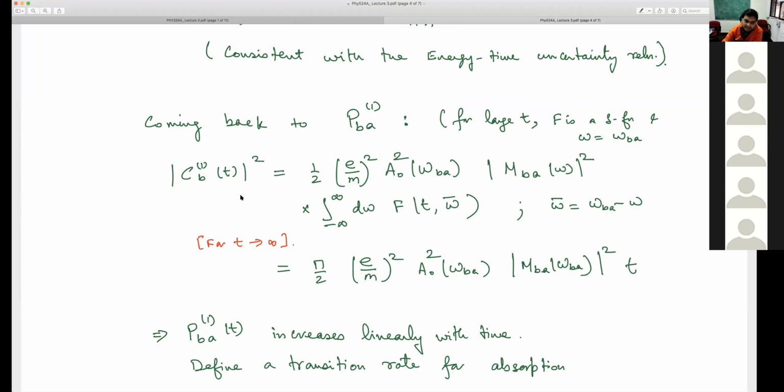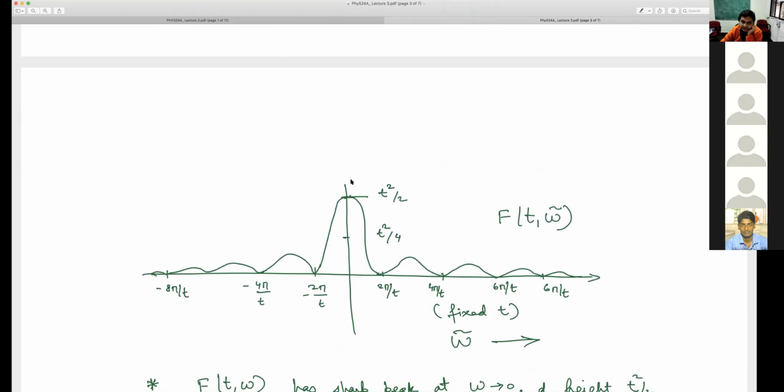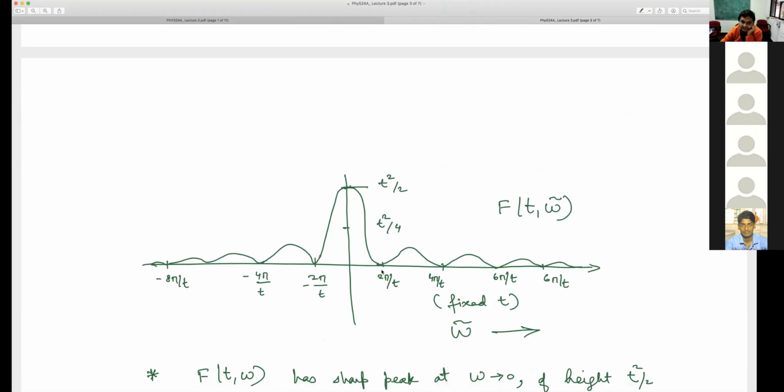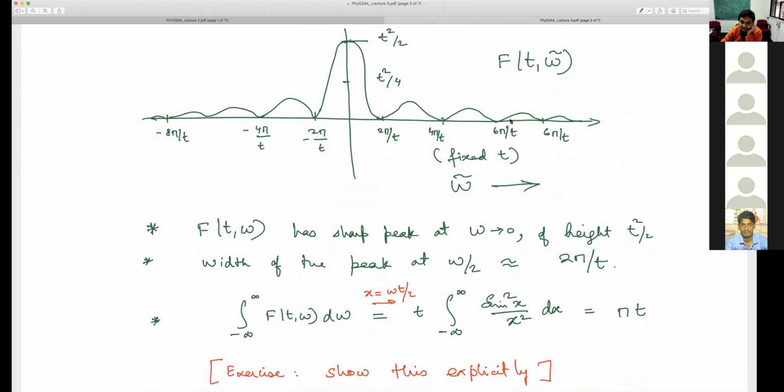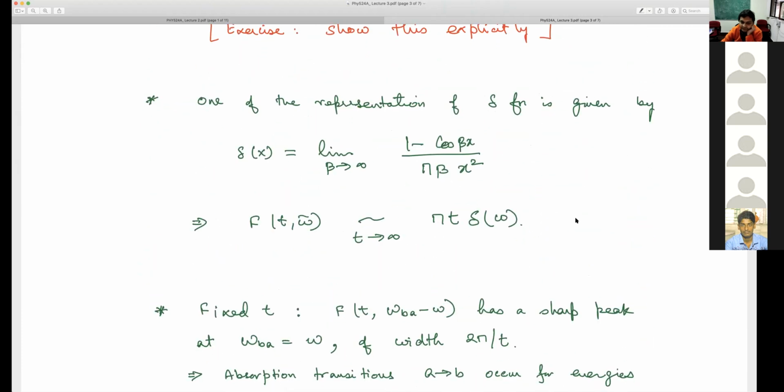Using that, I can show that C_B1(t) is just a rewriting of whatever we just had. It's a delta function in the frequency regime, so omega is equal to omega_ba. For large t, this peak becomes large, and I'll have a very small delta function, and these amplitudes are almost vanishingly small, right? And that you can also show mathematically.